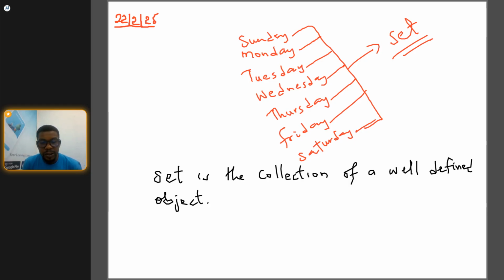Set is the collection of a well-defined object. So the object can be numbers, it can be letters, it can be other things. I made mention of states in Nigeria, which is also a collection of well-defined objects. So it can be anything. So far as it follows the criteria of a well-defined object, it is said to be a set.